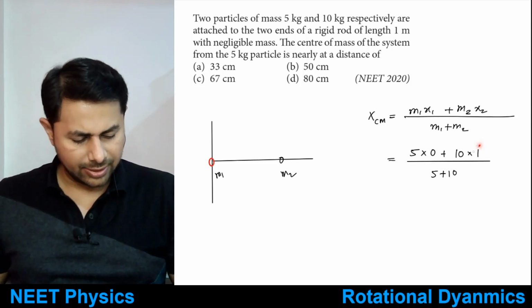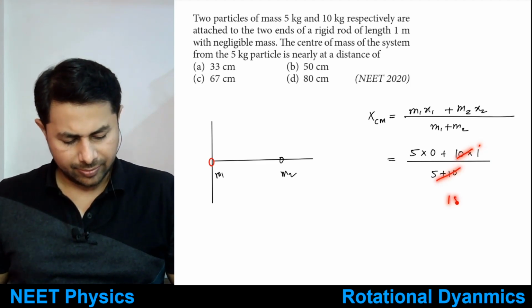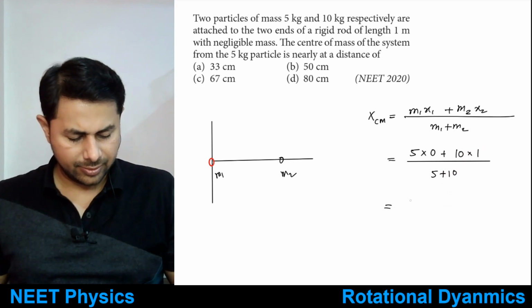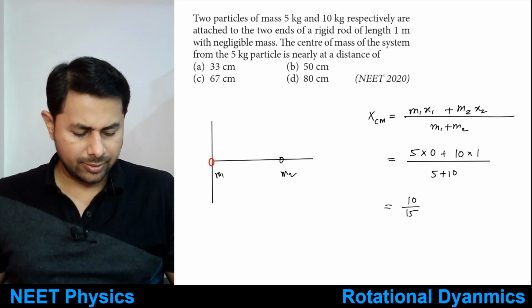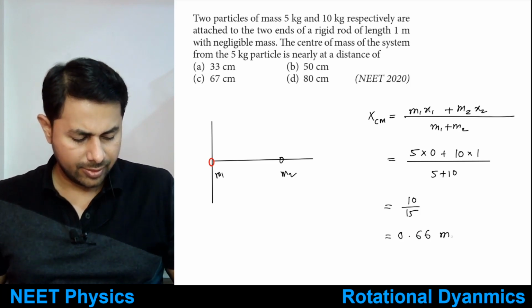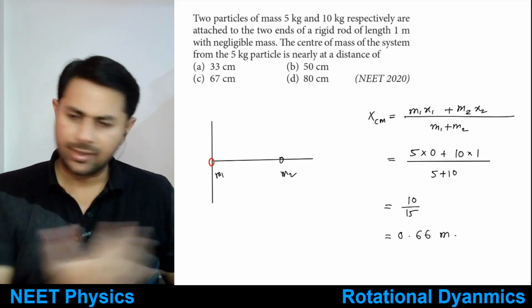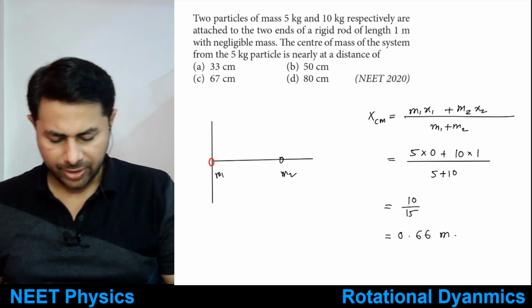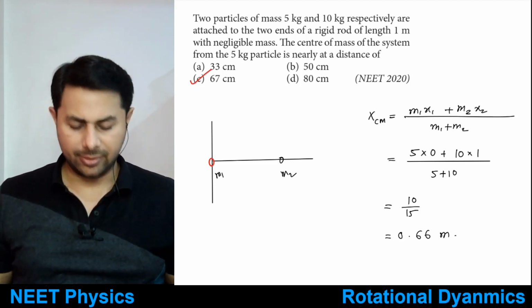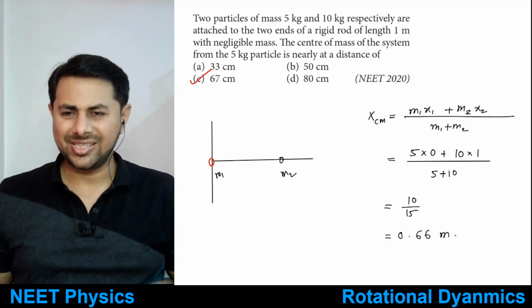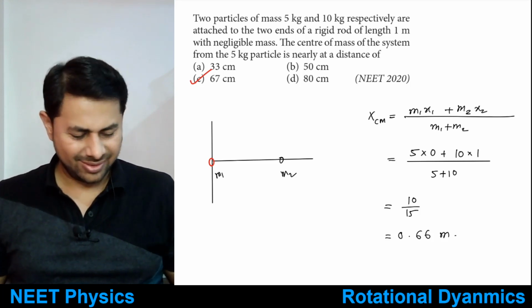So the answer is 10 divided by 15. How much is that? 2 by 3 means 0.66 meters, 0.66 recurring will come. So that is about 0.67 meters, or in centimeters it will be 67 centimeters, right?